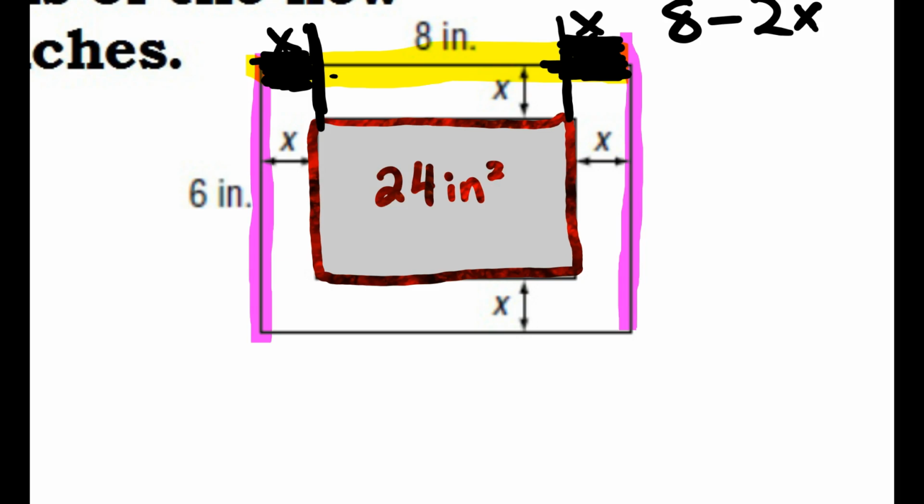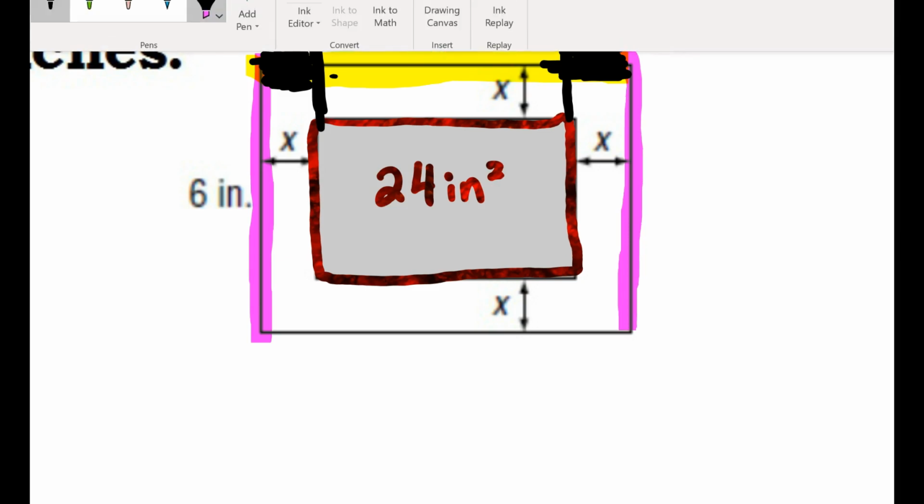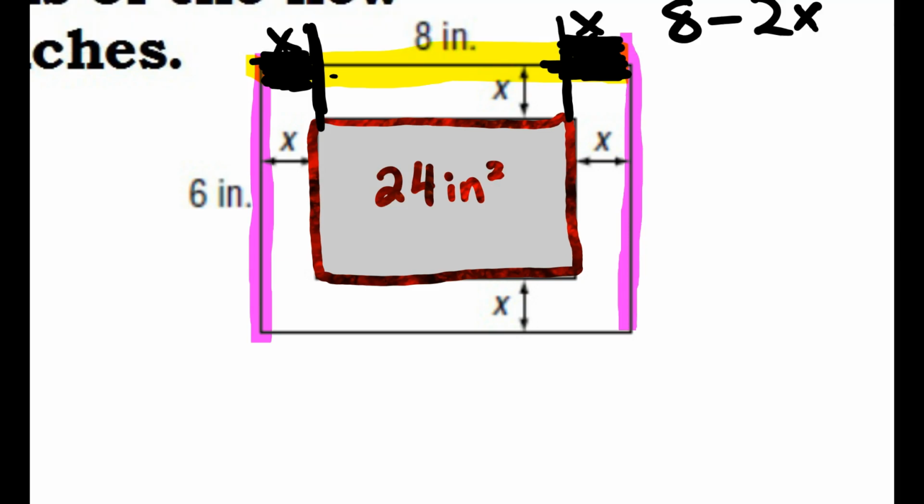It's going to be a little bit difficult to show this part, but hopefully y'all stay with me. I'm trimming this side and I'm trimming this side.